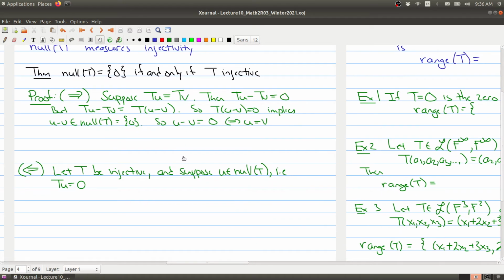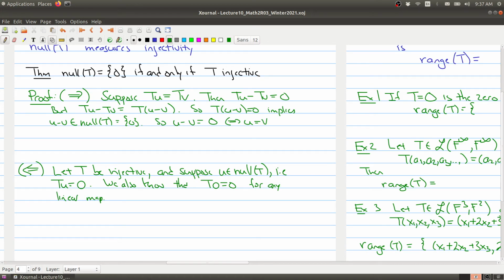Now let's do the reverse direction. Let's suppose that T is injective, and we're going to show that the null space only contains the 0 element. So let T be injective, and suppose that u is in the null space, i.e. u gets sent to 0. What else can we say? Well, we also know that T0 is equal to 0 for any linear map.